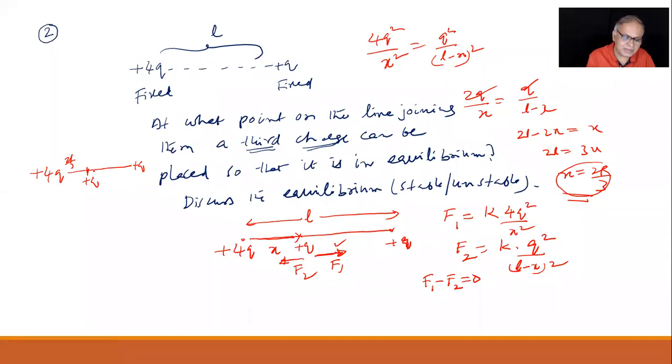If I move it like this, the net force is 0. This force and this force are equal. But if I move it like this, this force increases and this force decreases, so it will go back. That means for a plus q, in the longitudinal displacement, it is stable equilibrium.